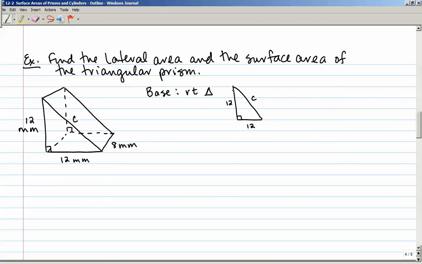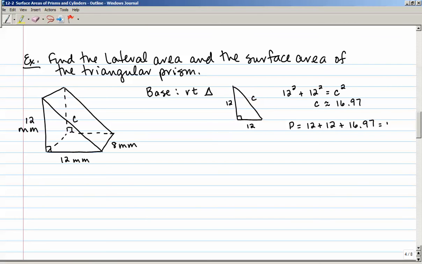I don't know the length of the hypotenuse here, so I'll use the Pythagorean theorem. 12 squared plus 12 squared equals C squared. And working that all out, C is approximately equal to 16.97.